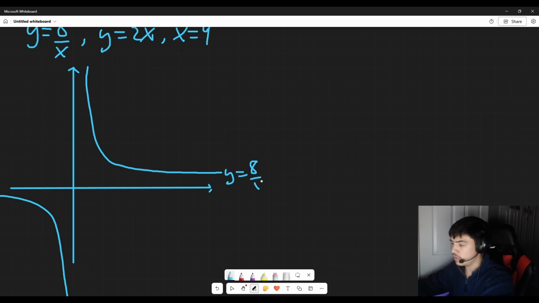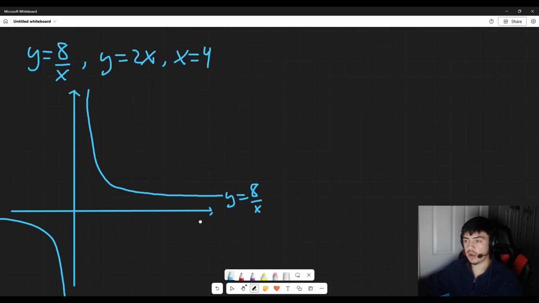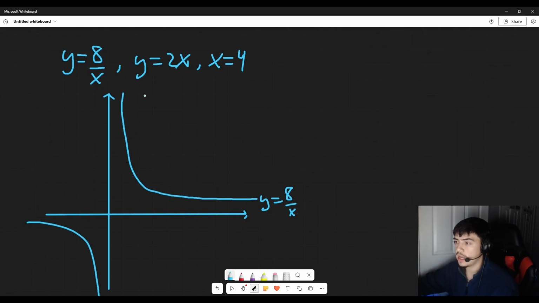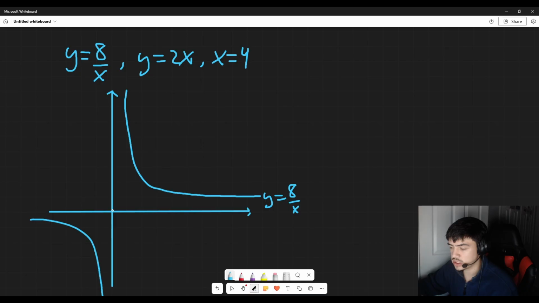If you're not very confident with drawing graphs, either just take some extra time to study it, or you can just go on Desmos and play around and try to just recognize what each common function looks like on a graph. And so for the next line, y equals 2x is just a straight line like this with a slope of 2. It's not super important to be accurate.